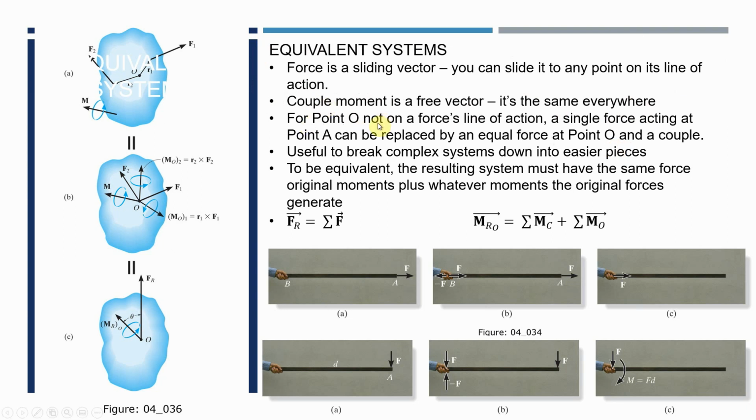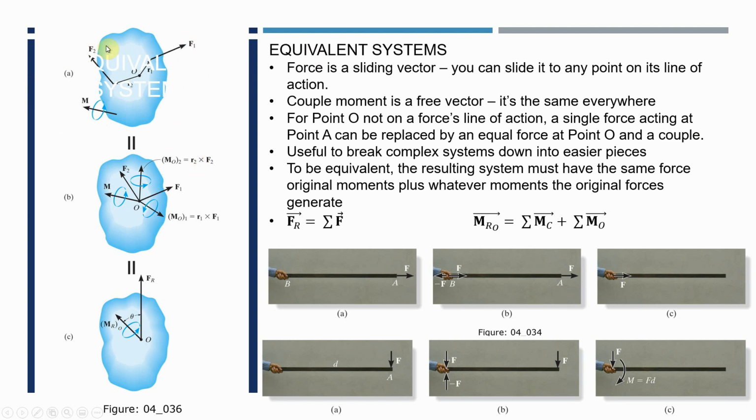So for point O not on a force's line of action, a force acting at point A can be replaced by a force acting at point O and a couple. So here you have applied moments, and you have force and a moment about point O due to two forces.